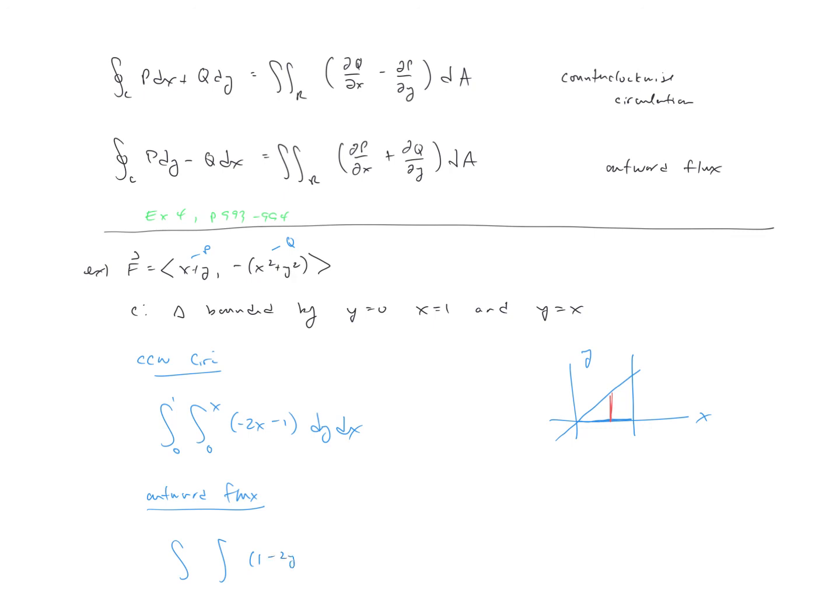So I'll drop the minus 2y in there, and then the dy dx setup is going to be exactly the same, 0 to x and 0 to 1. And so really using these formulas is going to save us a lot of work compared to what we've done in the past. I would encourage you to take a look at example 4, and you'll see the similarities and how these things work together very, very well. You'll just really want to pay close attention to the setup, the p dx plus q dy versus the p dy minus the q dx.